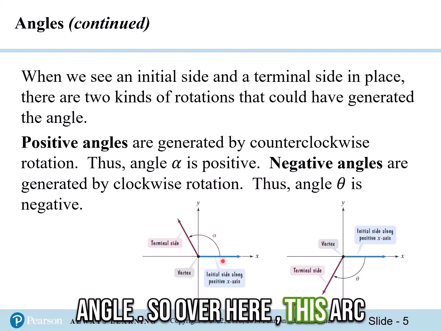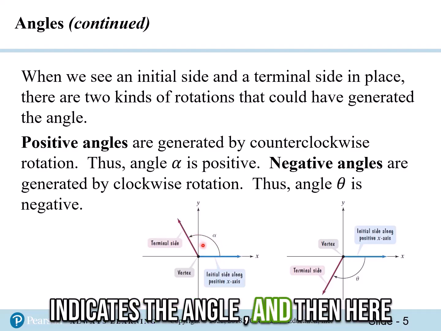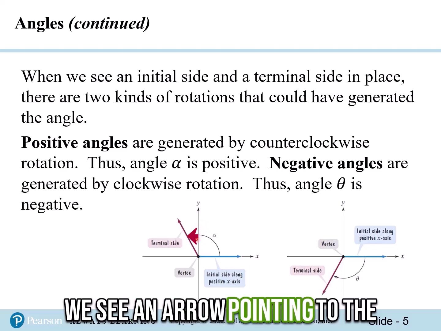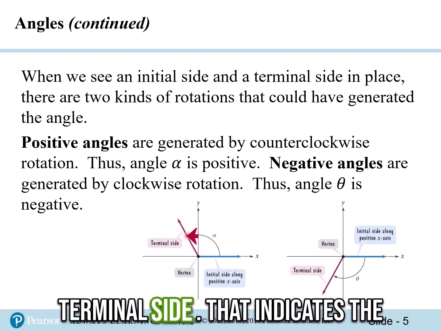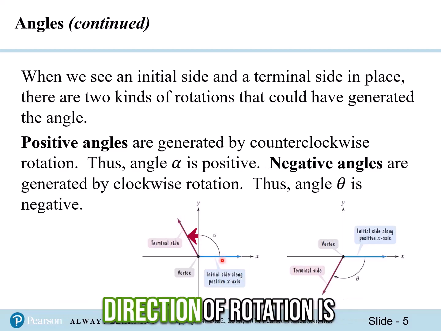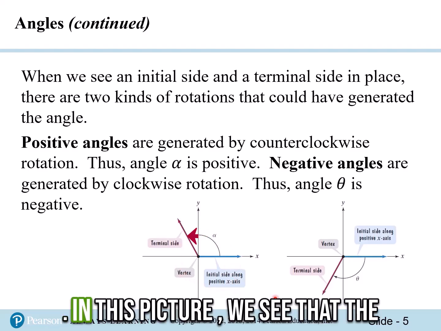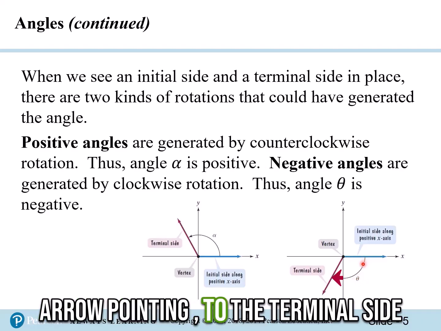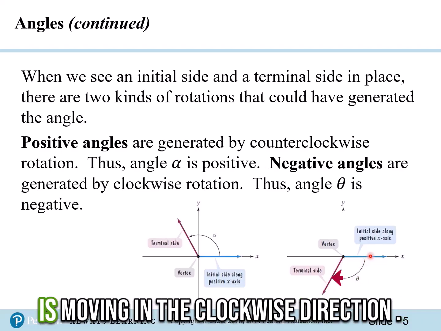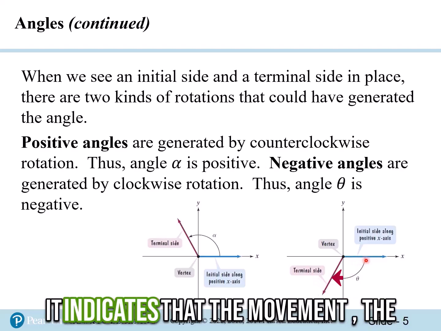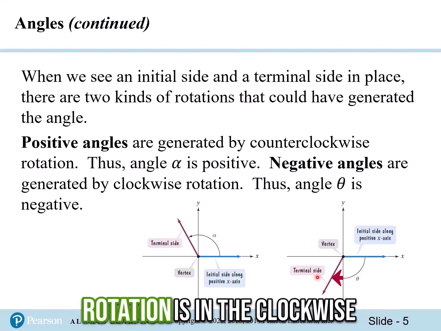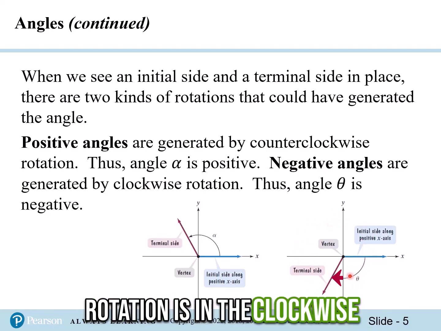So over here, this arc indicates the angle, and then here we see an arrow pointing to the terminal side. That indicates the direction of rotation is counterclockwise. In this picture, we see that the arrow pointing to the terminal side is moving in the clockwise direction. It indicates that the rotation is in the clockwise direction.